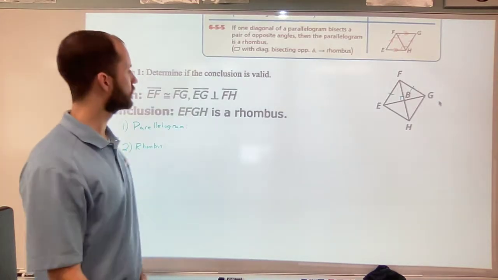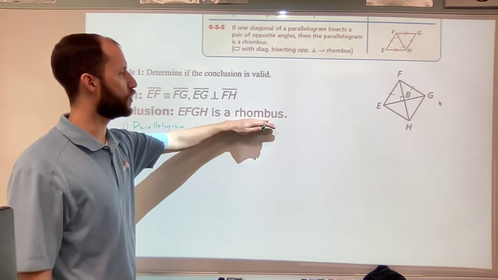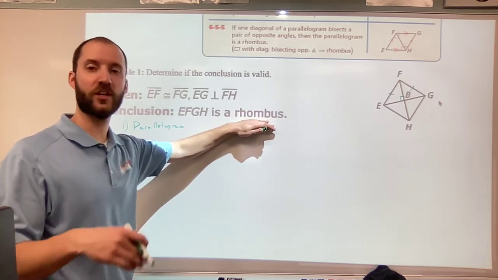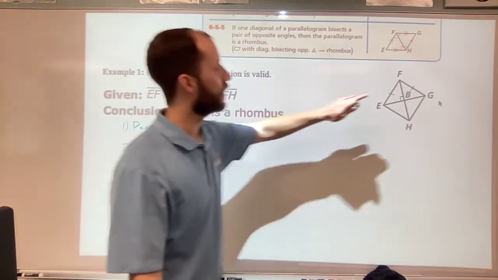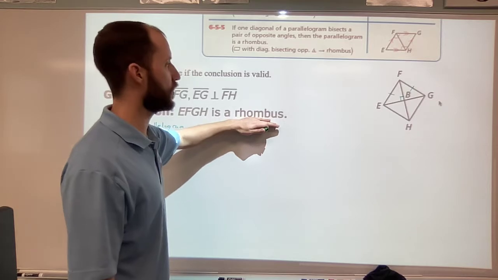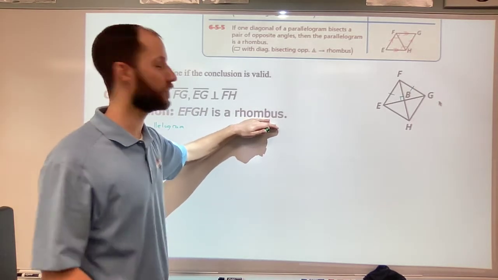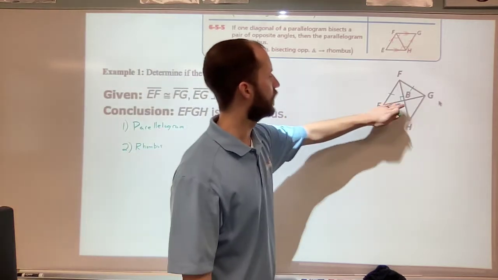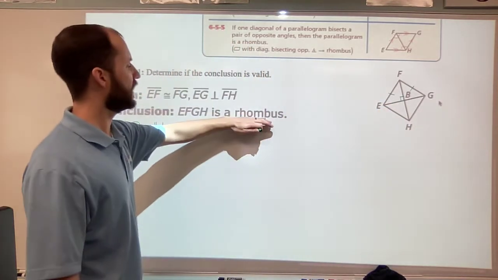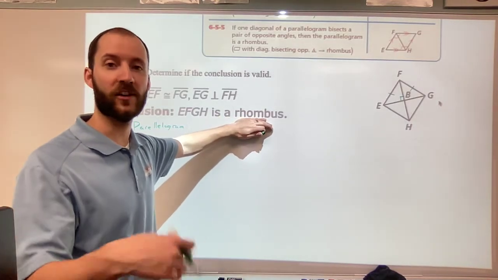Well, to be a rhombus, you want one pair of consecutive sides to be congruent. We have that. To be a rhombus, you want the diagonals to be perpendicular. We have that too. But to be a rhombus, you must first be a parallelogram.